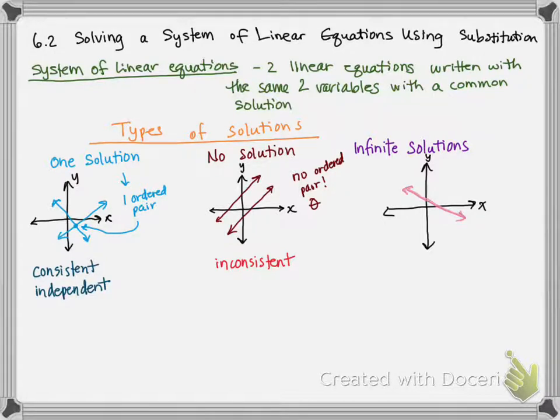And if you notice, they're right on top of each other. So this is when we have infinite ordered pairs. So we just say infinite solutions. Now, this is consistent because we are expecting our lines to intersect, but the lines are dependent because they have everything in common.